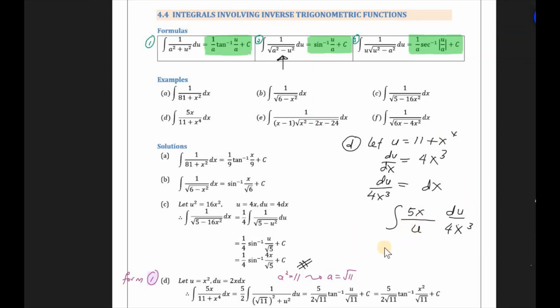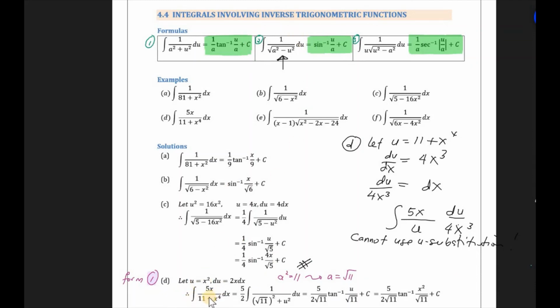It will become complicated. So meaning, for this question D, you cannot use the simple substitution method that we learned earlier. In this case, it does not work. So in that case, we have to use another technique.